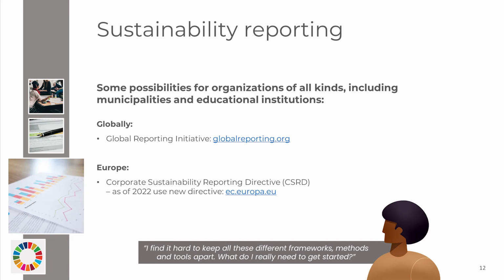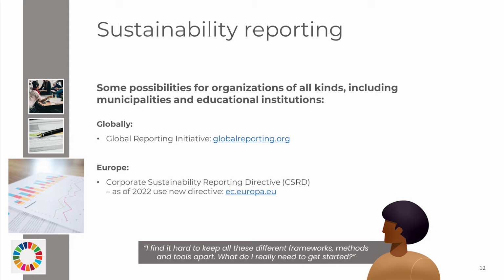What kind of sustainability reporting systems are there? Globally there's the GRI, the Global Reporting Initiative. When you use that system, you can compare your organization to all other organizations on the planet that use that system.